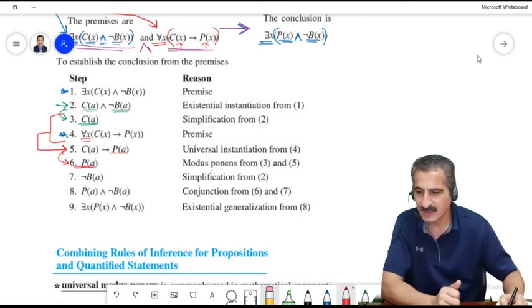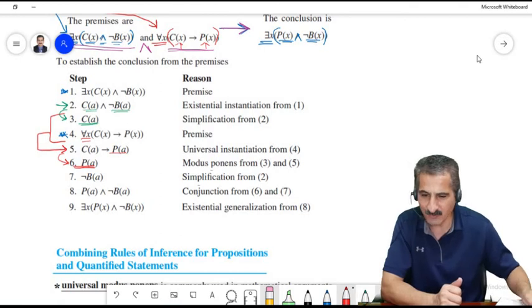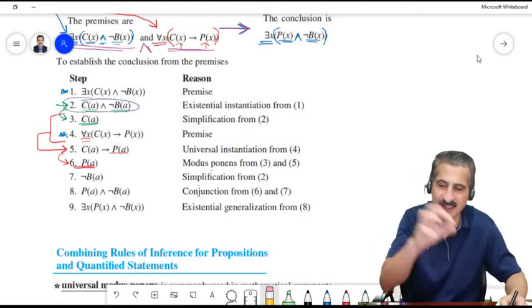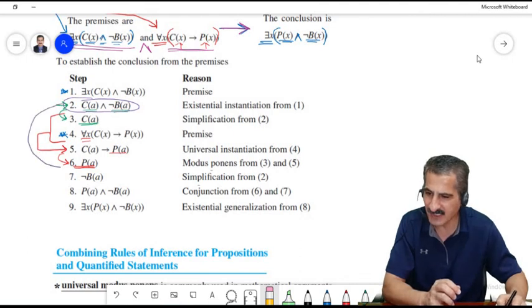Okay? Now again, let's go back to 2. It says C of a and not P of a. This is 'and' of that, so we will take the second part, which is not P of a, and then we conclude 7. Good.